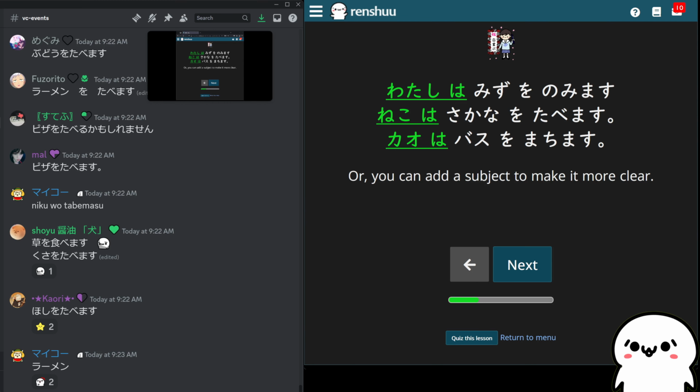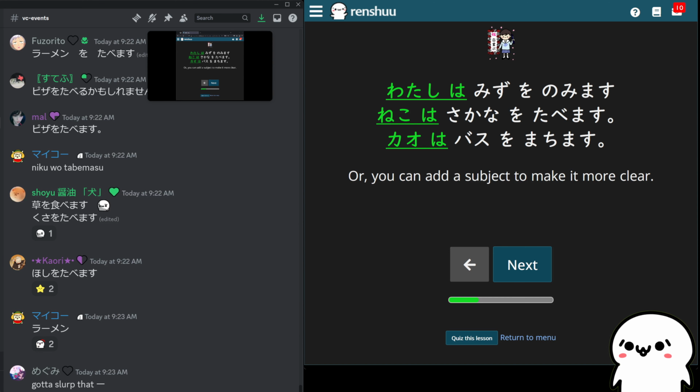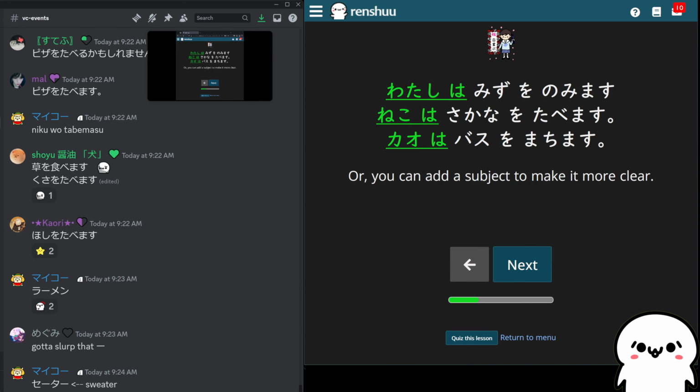So in English, we say ramen. Because if you said ramen, it would sound like your brain just froze and you kept saying the same thing too long. But in Japanese, it's ramen. And I just made that mnemonic up, but I don't want to take credit for it because another wonderful user on Renshu was describing the word seta, which is sweater.